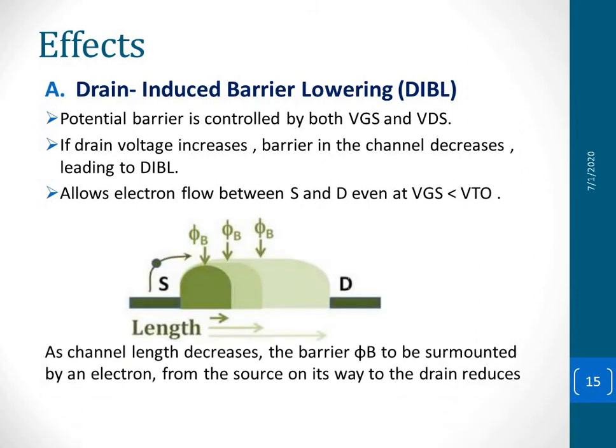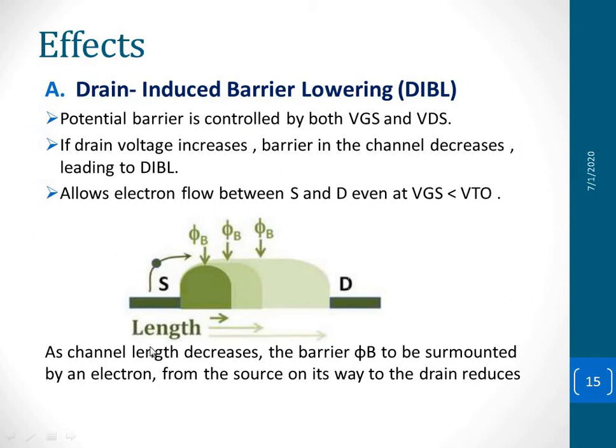So diagrammatically you can see here the length as it is increasing, and this is the source and this is the drain. From the drain side the barrier is reduced, not from the source side. As we increase the drain voltage, the barrier is lowered. That's why it is shown whitish.